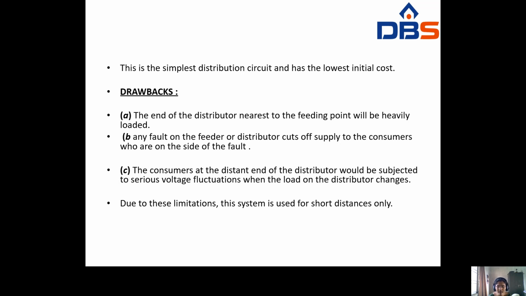The distributor connected nearest to the feeding point is heavily loaded, and whenever the load is heavy, the current value increases, and when the current value increases it may cause damage.